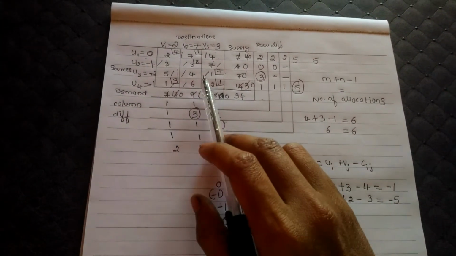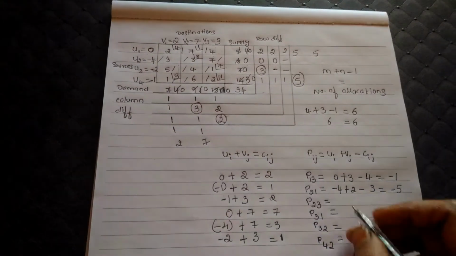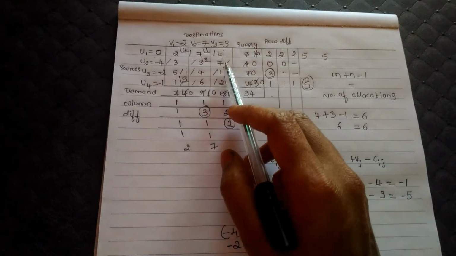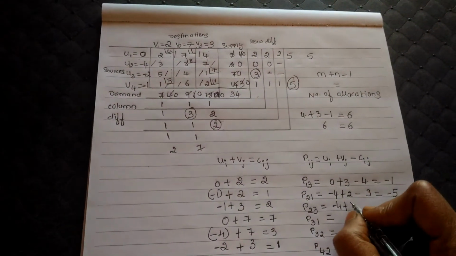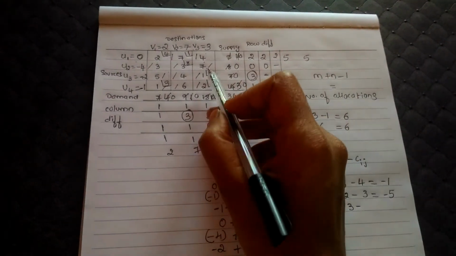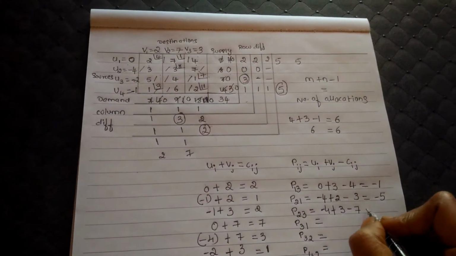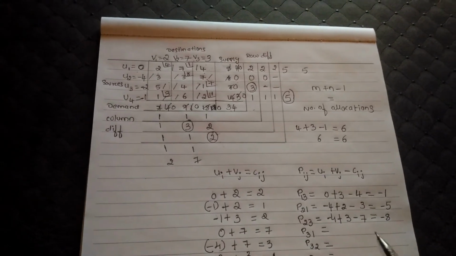Now second row, third column. The value for the second row is minus 4, plus the value for the column number 3 is 3. Minus 4 plus 3 and minus the Cij value here is 7. Bring down the 7. This should give you an answer of minus 8.